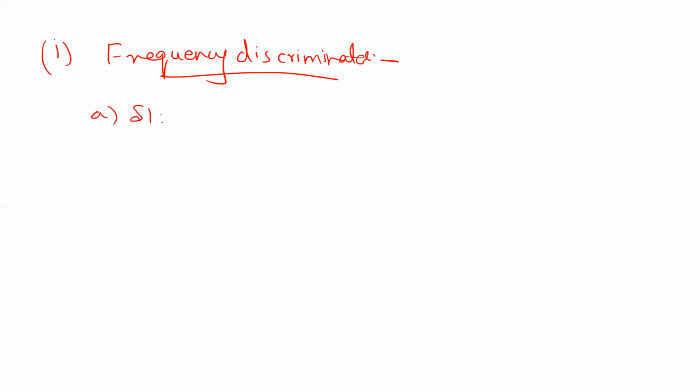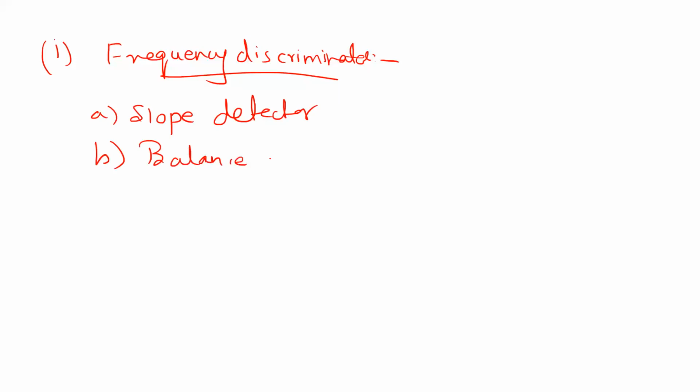There are two ways. One is the frequency discriminator. Another is the slope detector. Is it like coherent detection? Oh no, that's for AM.